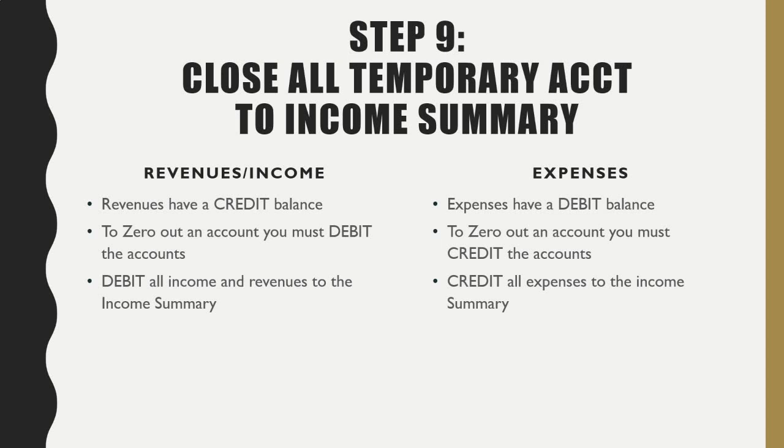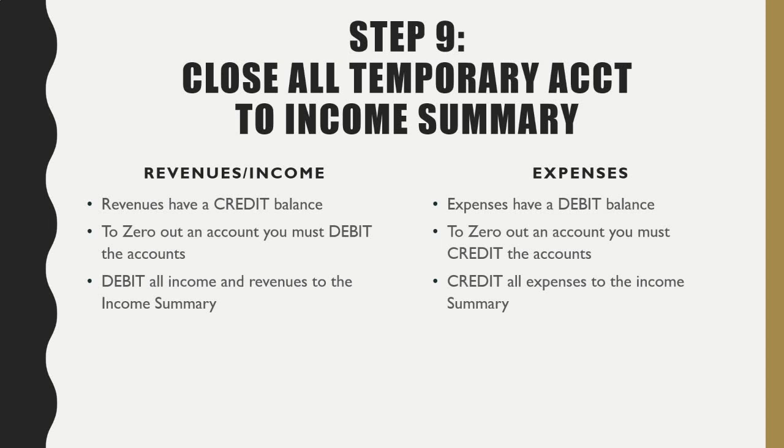I would have to debit the account for the same amount to bring my account balance to 0. That determines how I close out my revenues. Same thing with expenses, except expenses normally have a debit balance, so you would just do the opposite. In this case, I would be crediting my expenses to zero out the amount.